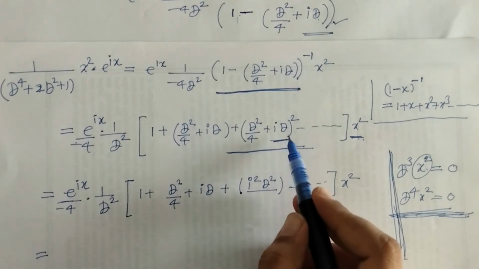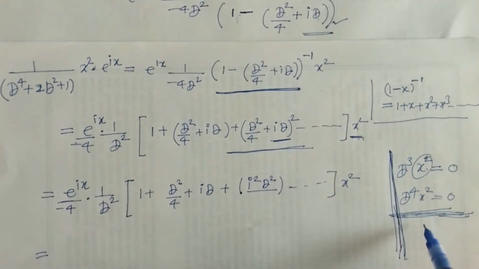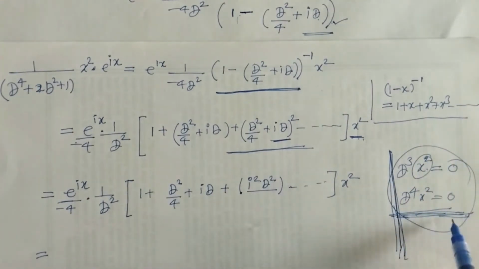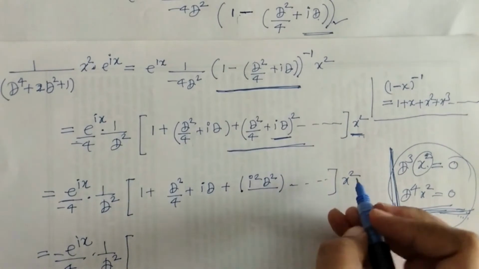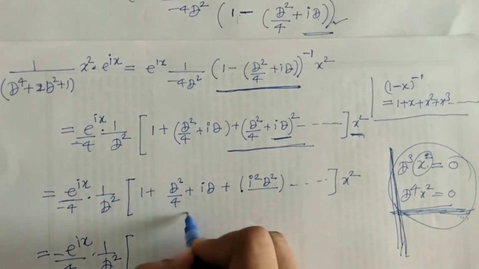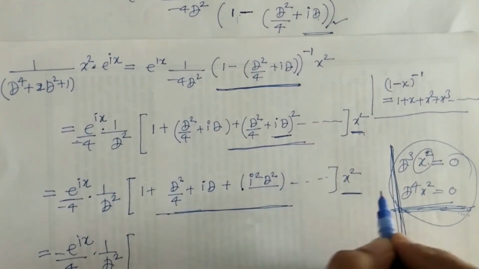Here we have to avoid the terms of d cube, d raised to 4 and higher than that, because we have to follow this relation here. So now we will apply this derivative term on this x square.